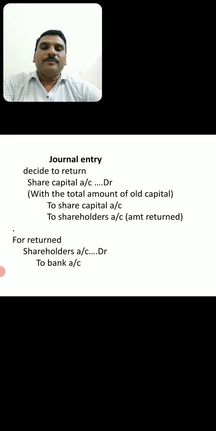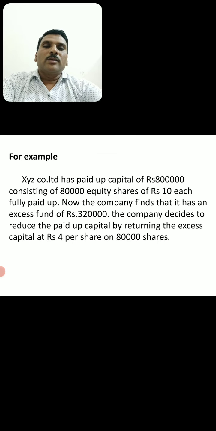For repayment, the journal entry is shareholders account debited to bank. So here shareholders will receive the excess payments from the company. So next, here we will take one example.